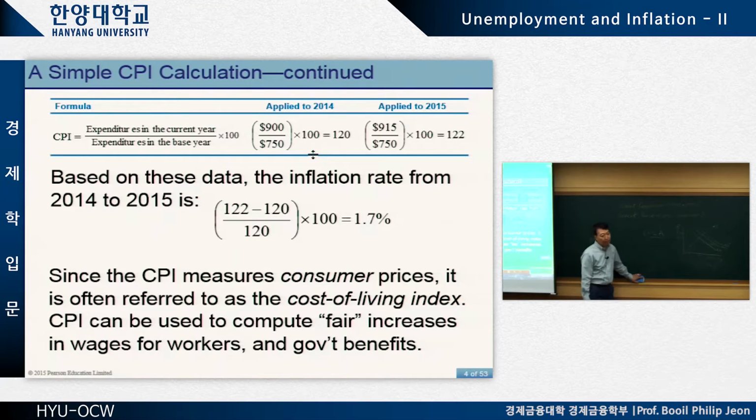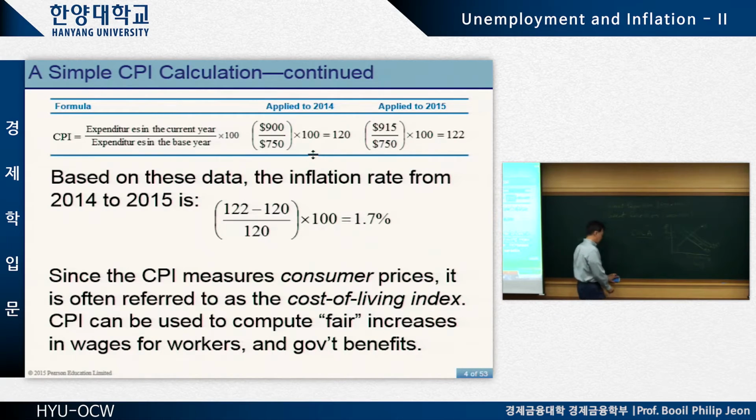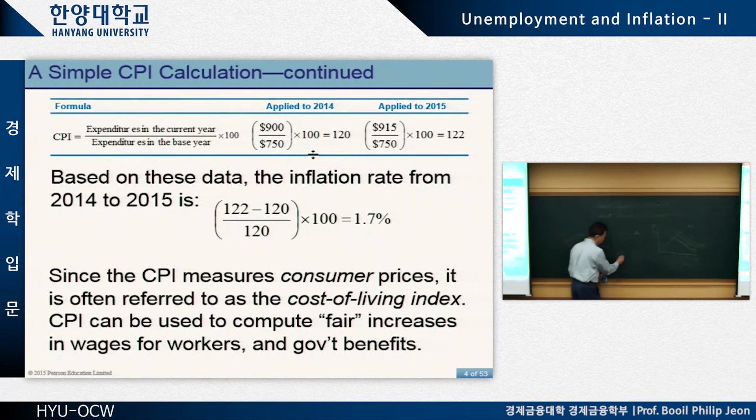For example, if you look at a union labor contract, if you belong to a labor union, a typical labor contract says this person's wage will increase every year at say 3% plus COLA.